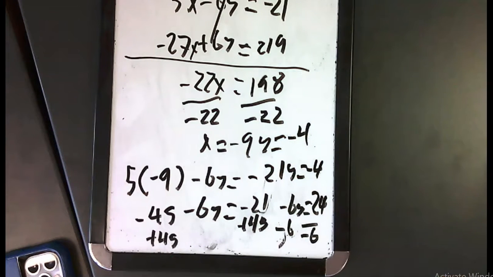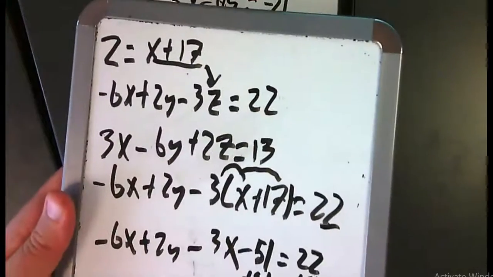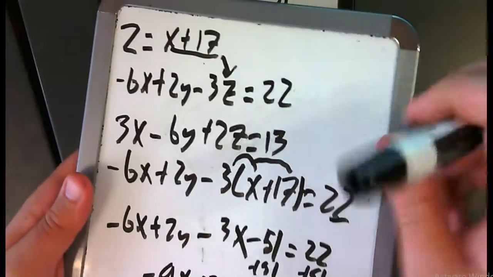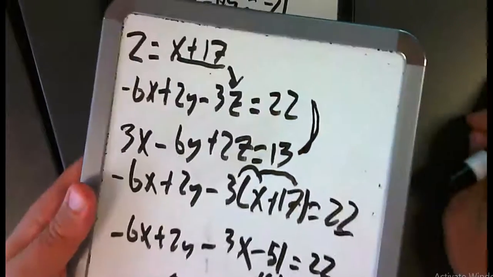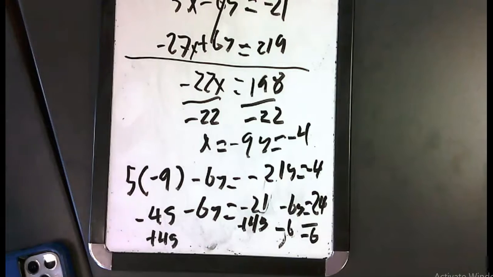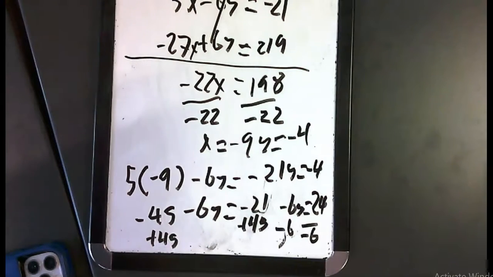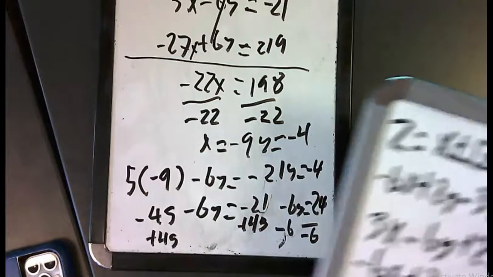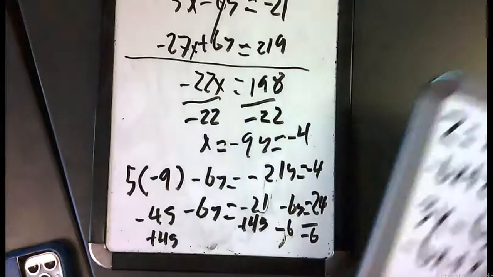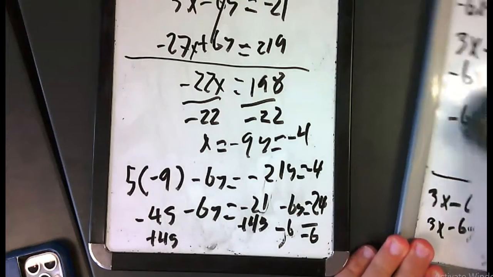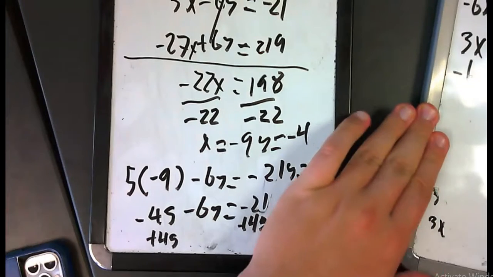Okay, so then to find z, we need to plug it back into our original equations. We could plug it in here, but I want to plug it into one of these two, just so that I know that y is right as well. Okay, so I'm going to erase all of this stuff here.